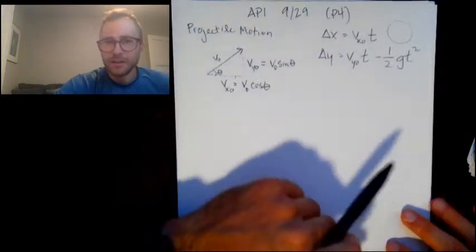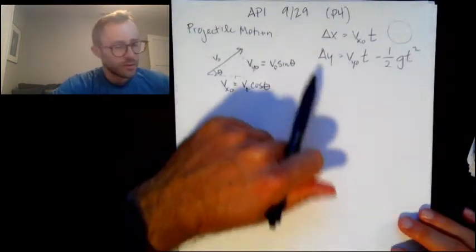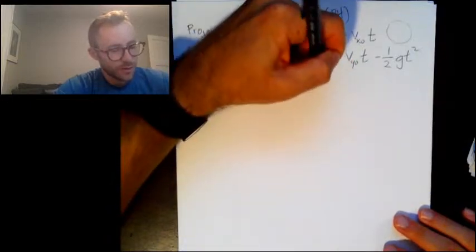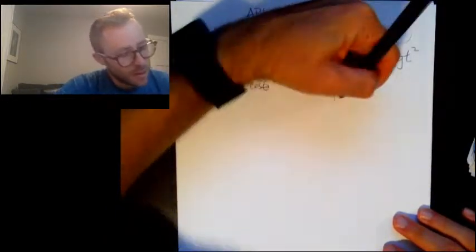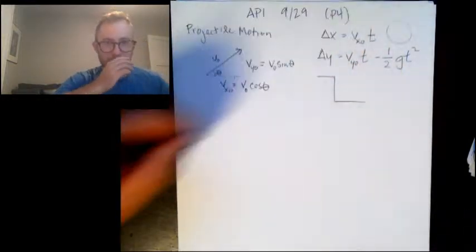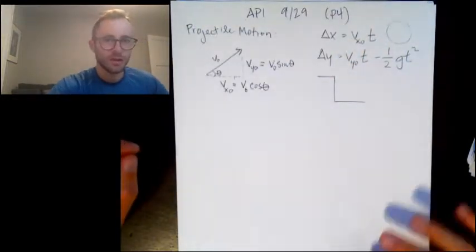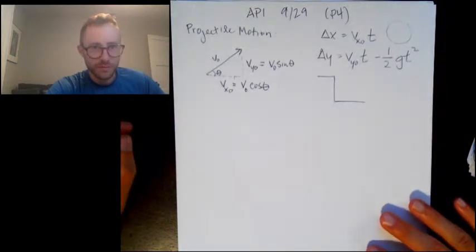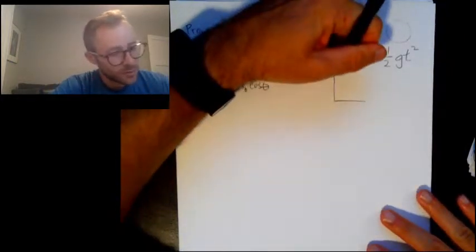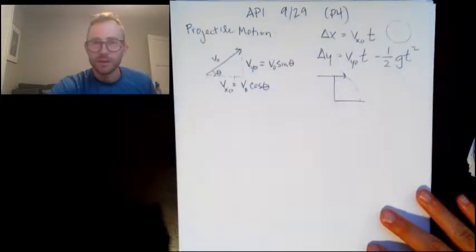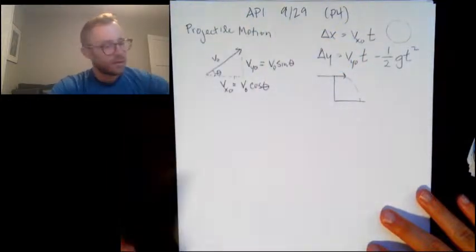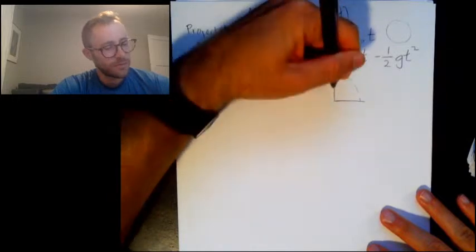We applied these equations to two scenarios. One of the scenarios is a horizontal launch off a cliff, which looks like this. Okay, so this is the cliff.